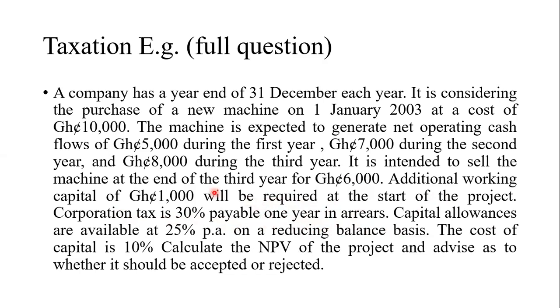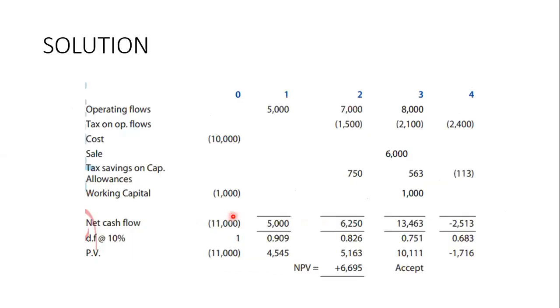So any tax liability in year 1 will be pushed to year 2. The tax liability in year 2 will be pushed to year 3, and that of year 3 will be pushed to the following year. So we have it laid out here.